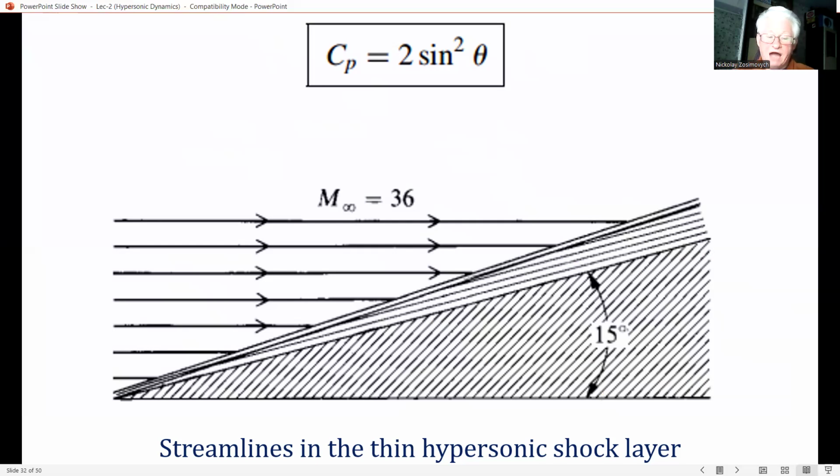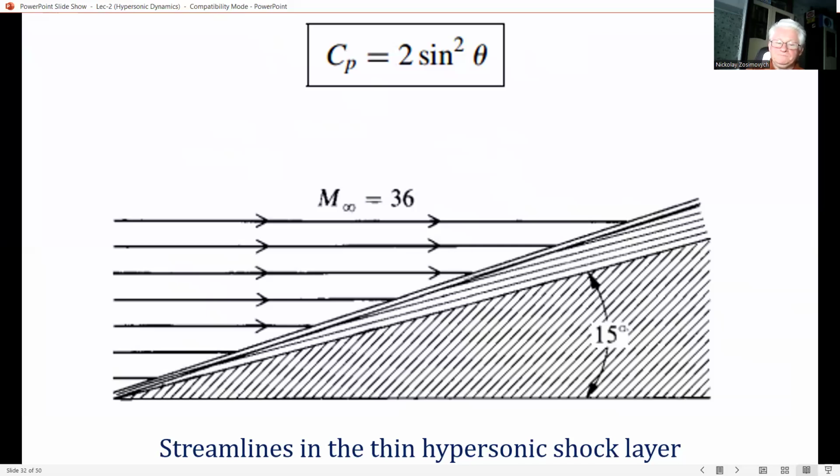Because the shock wave lies so close to the surface at hypersonic speed, this figure looks as if the incoming flow is directly impinging on the wedge surface and then running parallel to the surface downstream, precisely the picture Newton drew in 1687. Therefore, the geometric picture of a hypersonic flow field has some characteristics that closely approximate Newtonian flow.